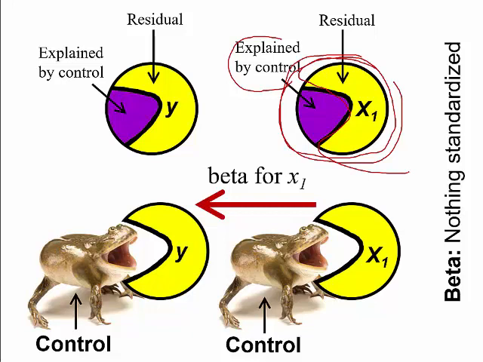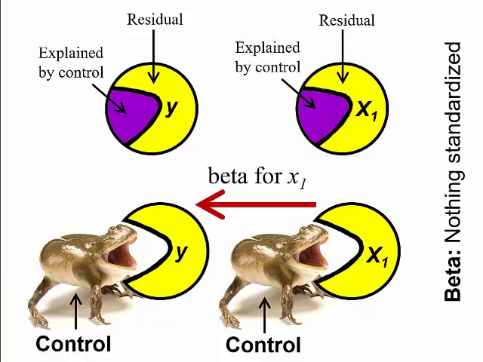That is the stuff that the control variable could not explain. So I've divided my x variable into the purple area, the stuff that could be explained by the control variable, the stuff that my big hungry frog could munch and chew, and now that part's gone. And the yellow area is the residual, the stuff that could not be explained by my control variable.